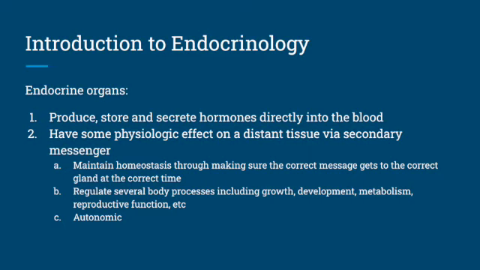And what is a hormone? Basically, a chemical messenger that is trying to get the right message at the right time to the right tissue. And the key here is that it's secreted into the blood, as opposed to neurotransmitters, which are how the nervous system communicates. The endocrine system will communicate through these chemical messengers in the blood.